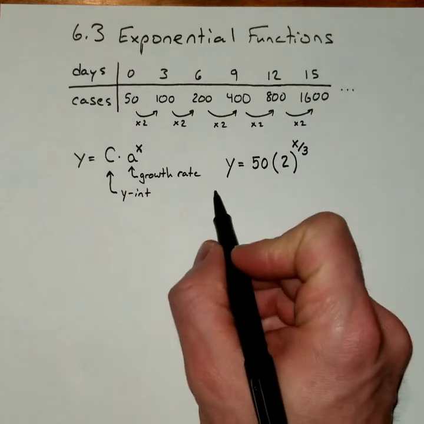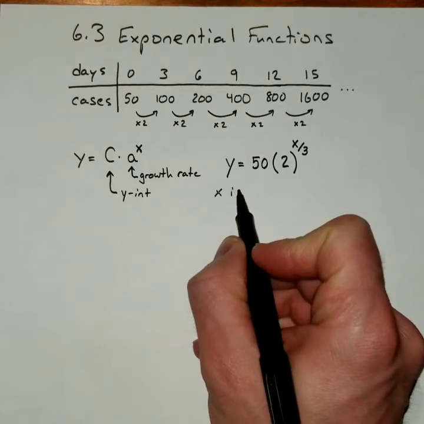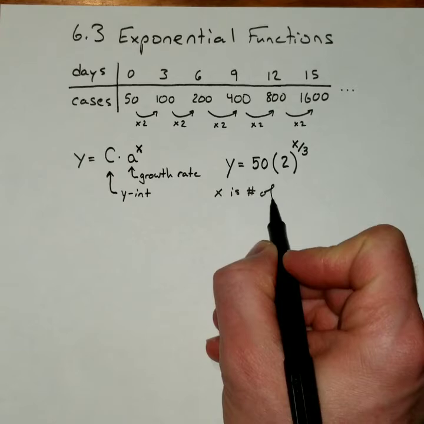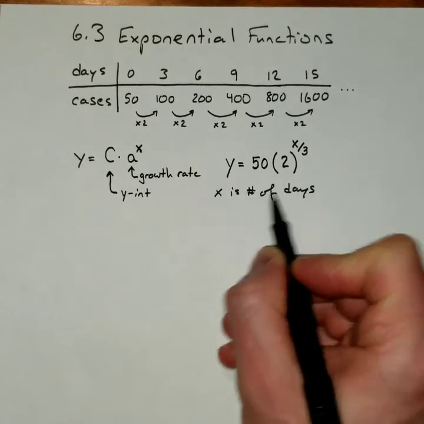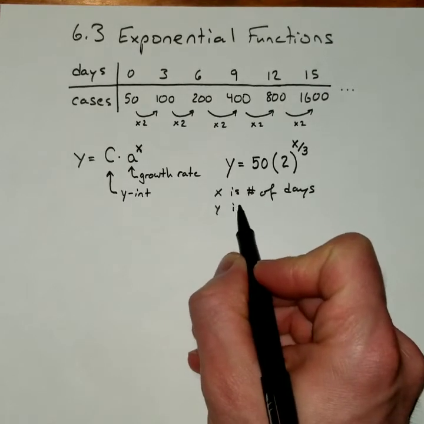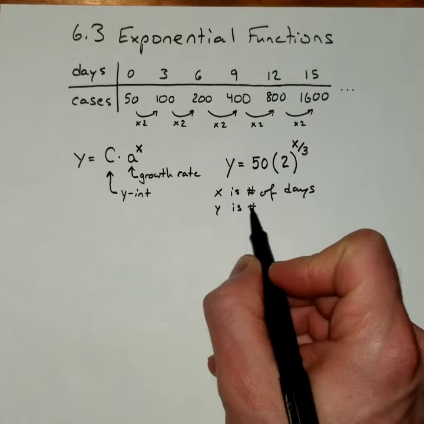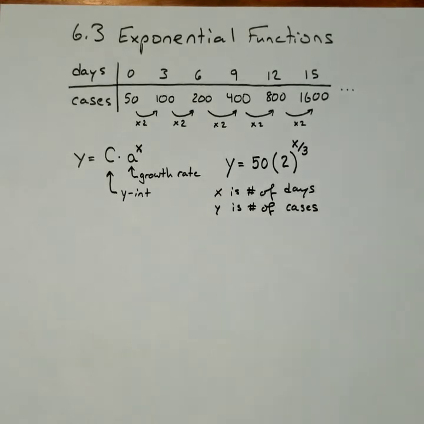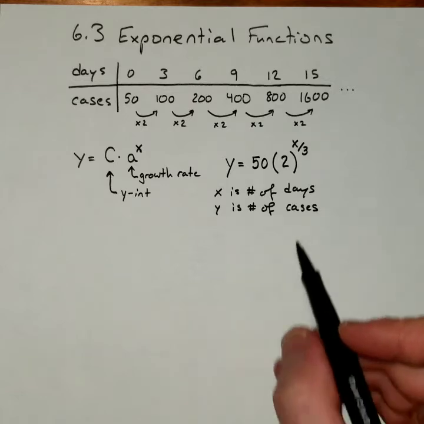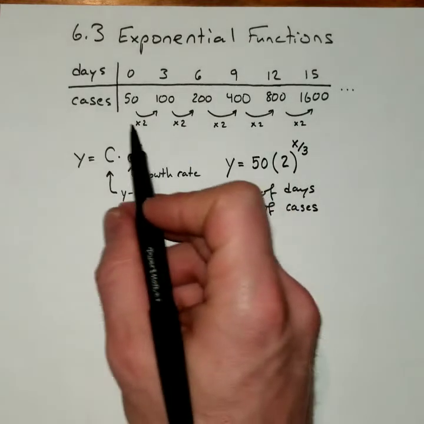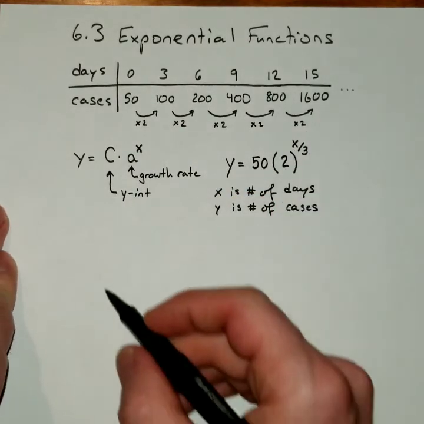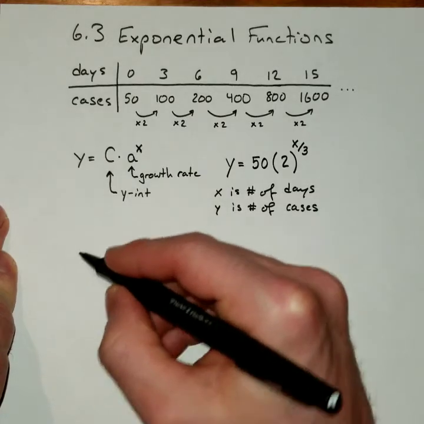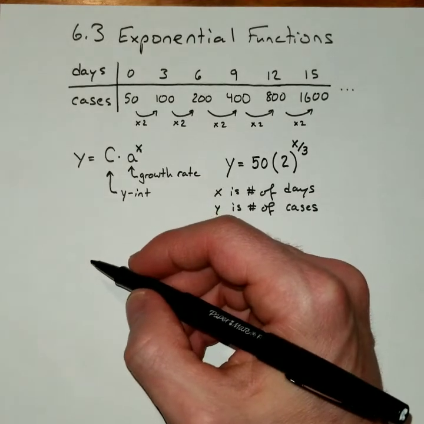Alright, so at this point I'm going to just define the variables. X is the number of days, and y is the number of cases of the coronavirus. A couple things I want to point out. With this growth, if you were to chart these numbers or graph them out, it's going to look a little bit strange.